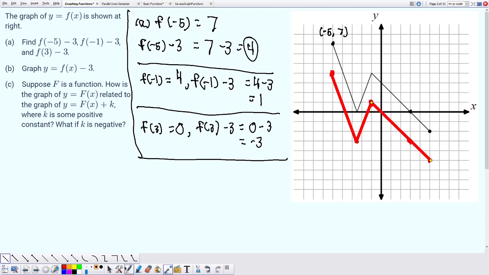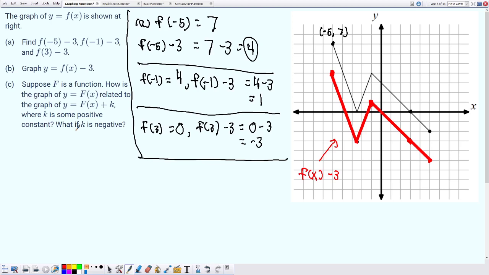And we get our new function. So what we have in red is f of x minus 3. And we notice, yeah, it's just the regular graph shifted down 3 spaces on the y-axis.